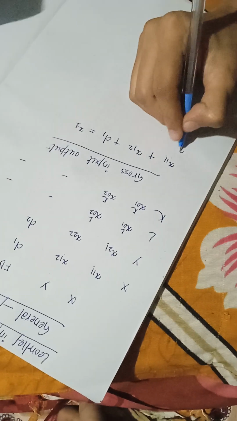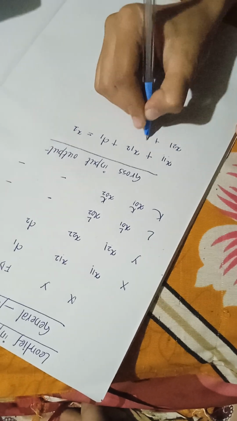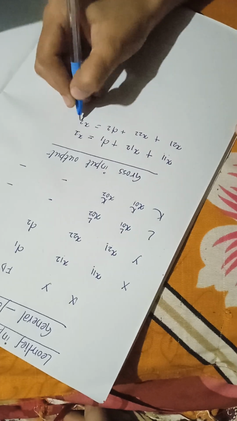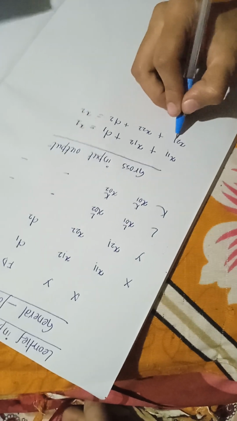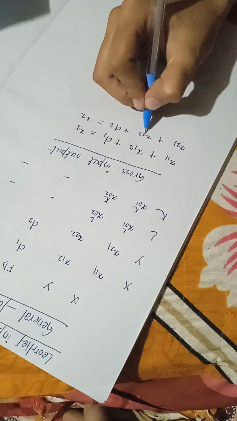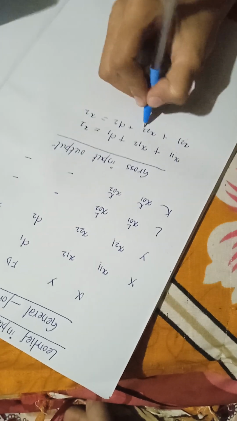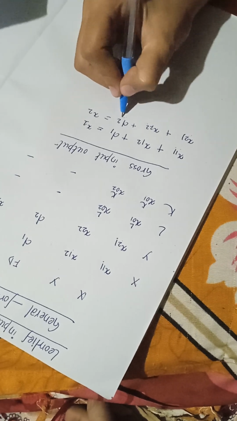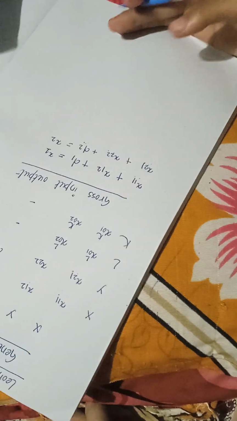Similarly for the second, X21 plus X22 plus D2 equals X2. Output of second industry used by first industry, output of second industry used by second industry, external demand of second industry, and this is total output of second industry.